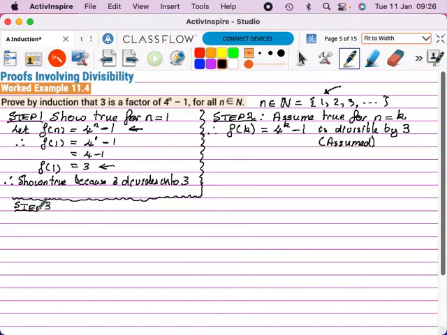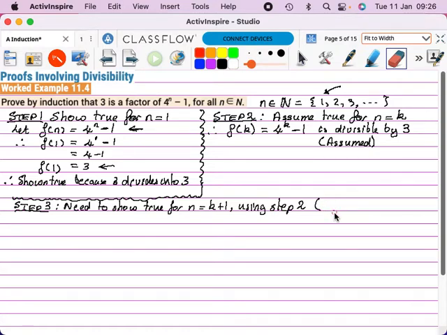So step 3, same as the previous video, is need to show true for n equals k plus 1 using step 2 and possibly step 1.